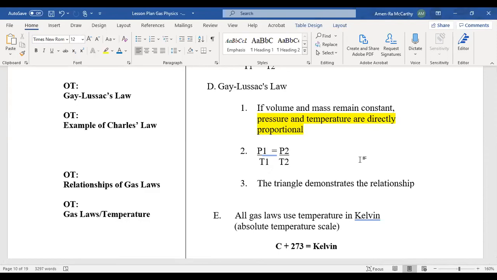When it's very, very cold outside, that's a low temperature, and the pressure inside your tires seems to go down. When it's hot outside, the pressure in your tires increases. Those are examples of Gay-Lussac. The formula is P1 over T1 equals P2 over T2.